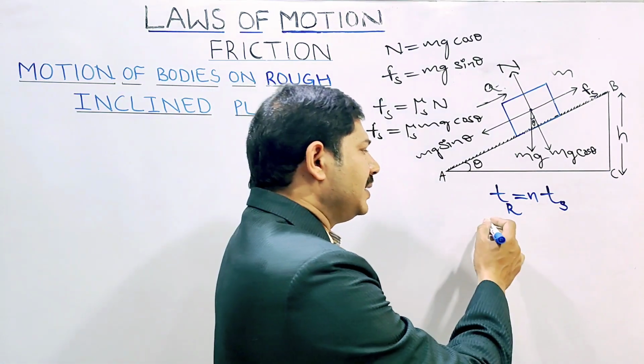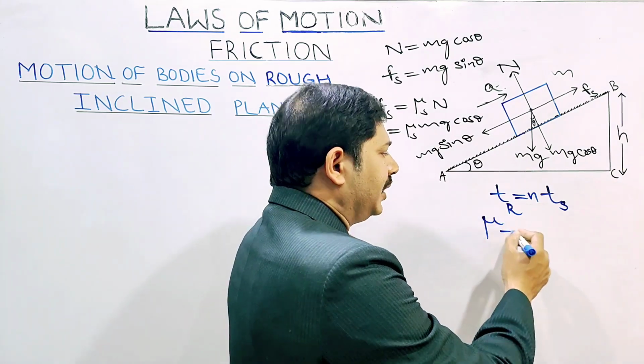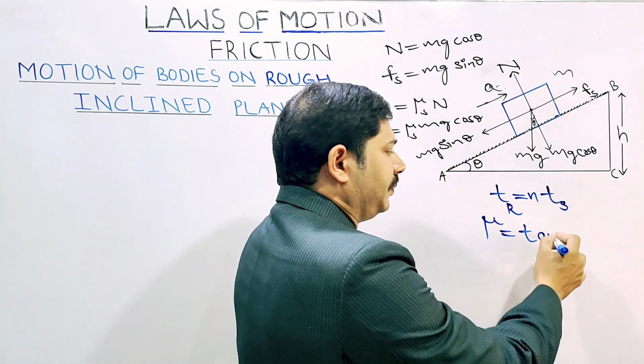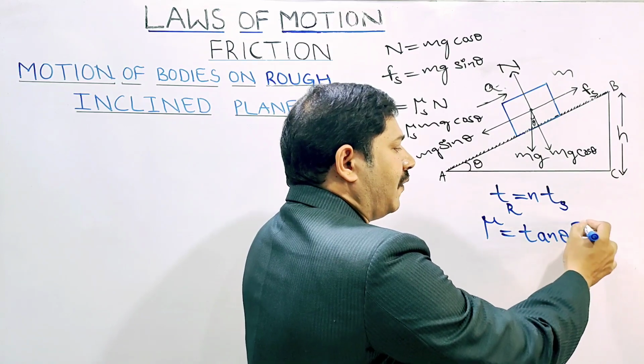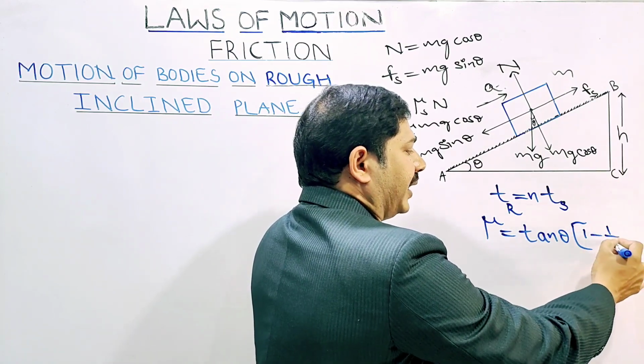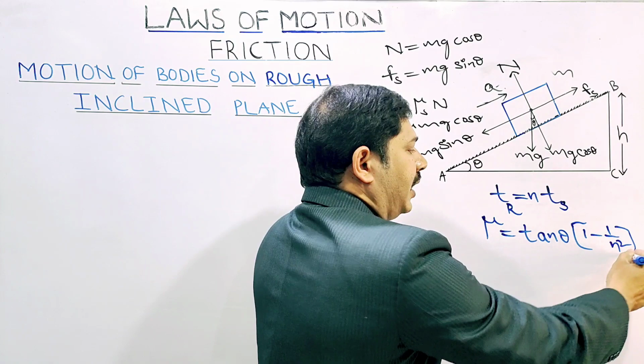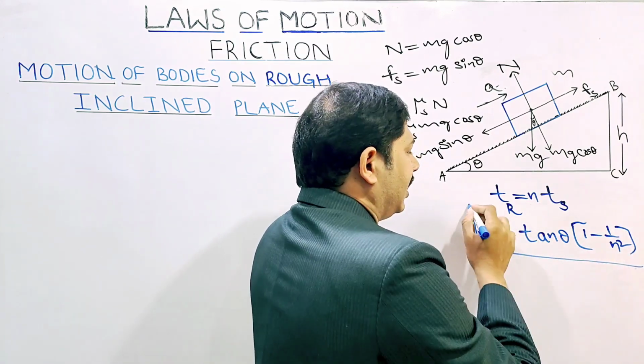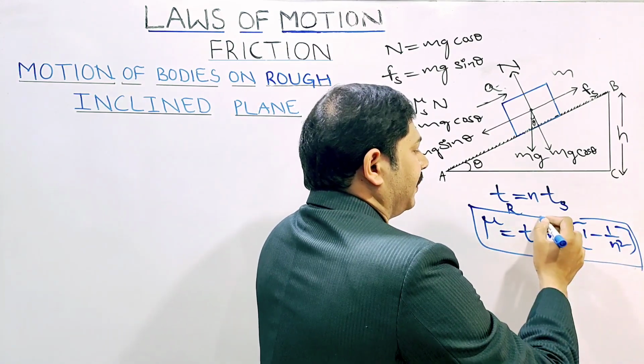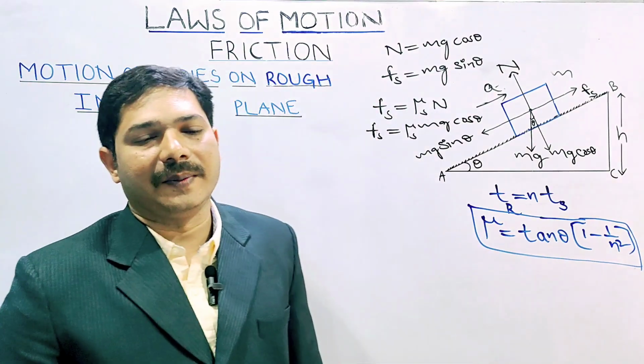So that time, a very simple formula: mu equal to tan theta into 1 minus 1 by n square. Here n is how many times it takes on the rough inclined plane compared to the smooth inclined plane.